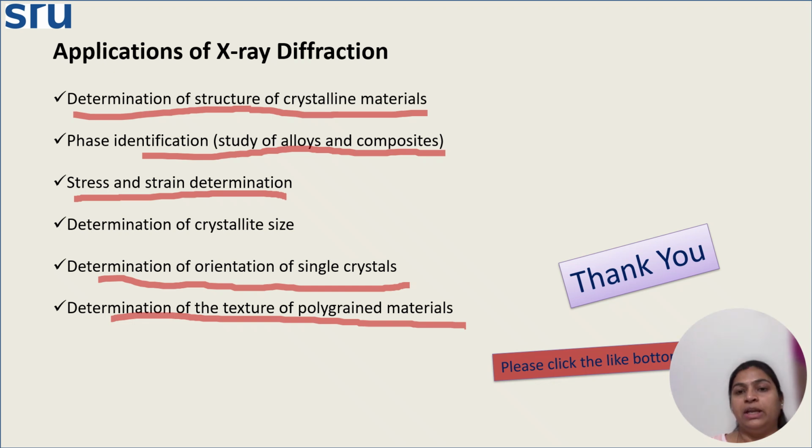We know polygrain materials are solid materials composed of many small crystals called grains, each having its own crystallographic orientation. These grains are separated by grain boundaries. So for a polygrain material, determining the structure, meaning the orientation of the planes, is important. In this type of structure, each grain is a single crystal.